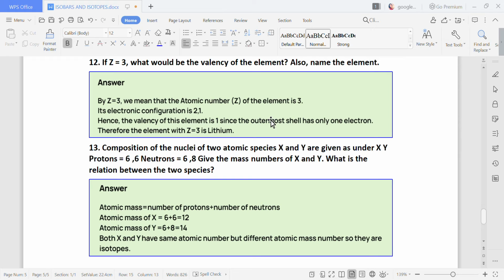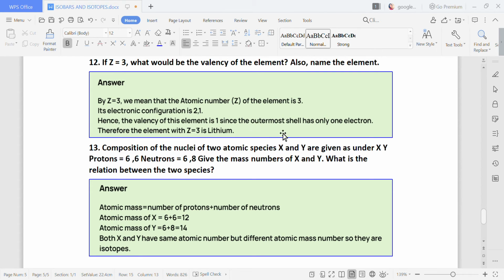If in the outermost shell there are 2 electrons, the valency is 2. If there are 3 electrons, the valency is 3. If it is 4, then valency is 4. But if the outermost shell has 5 electrons, then the valency will be 8 minus 5, that is 3.